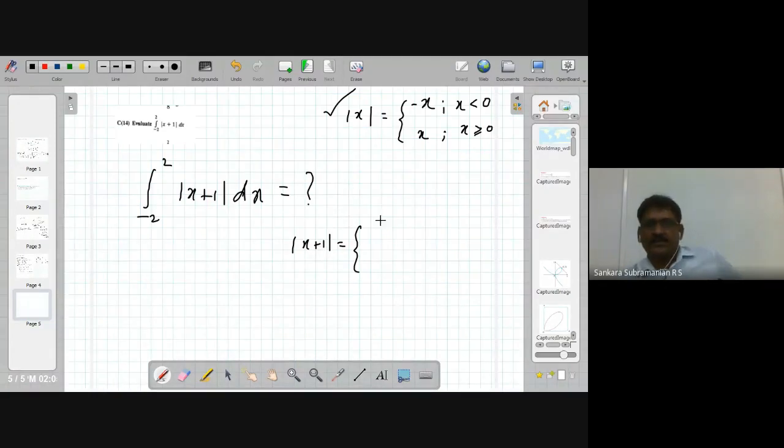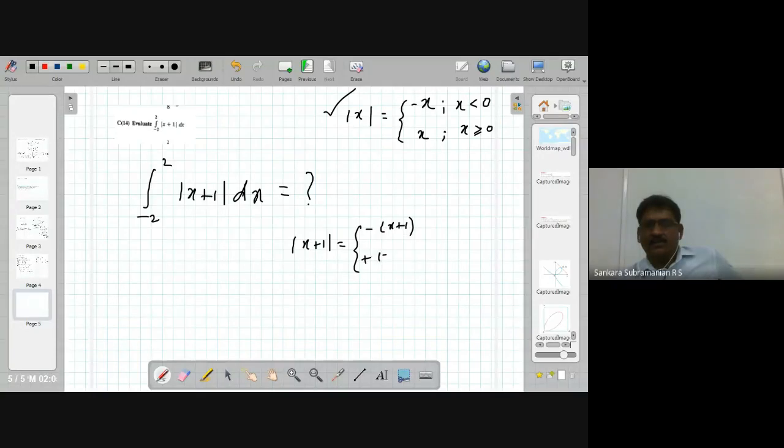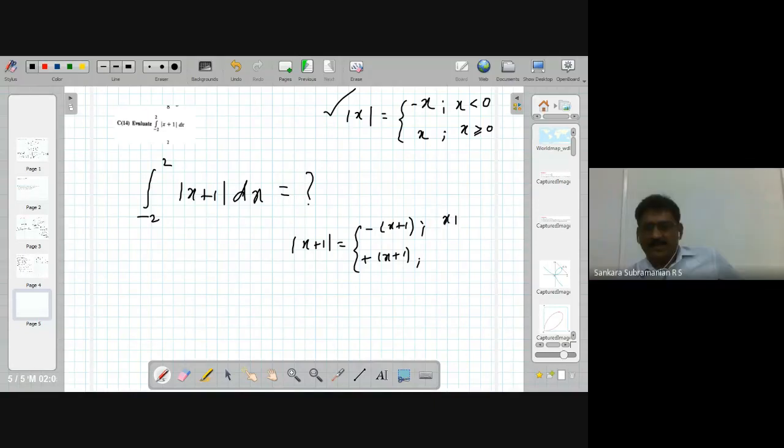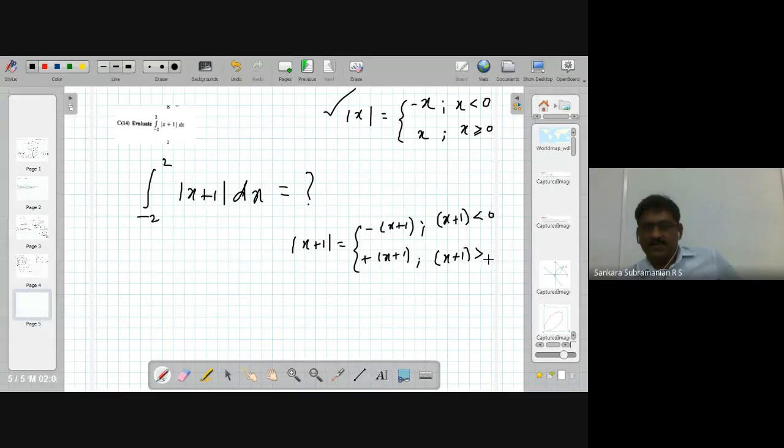Modulus of x plus 1 is minus of x plus 1, or plus of x plus 1. When do we say which? When x plus 1 is less than 0, it is minus. Here x plus 1 must be greater than or equal to 0. Say this differently.